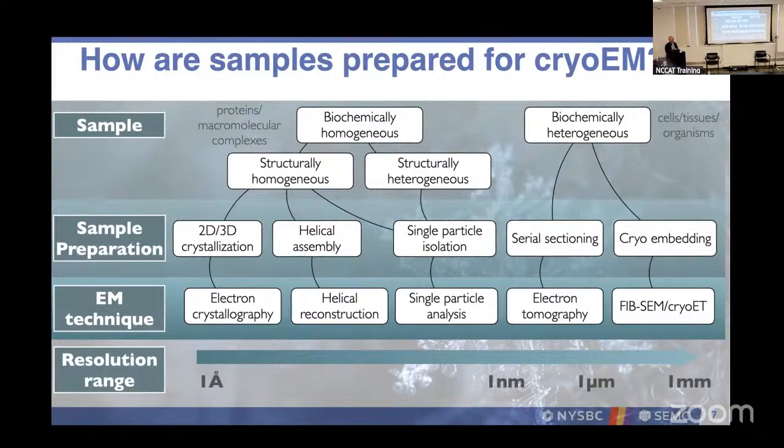But in reality, we can't access all resolution regimes with the same sample. What we tend to do is use different subsets of EM techniques and therefore have to think very hard on what our particular macromolecule of interest may be amenable to. We could have something that's very homogeneous.